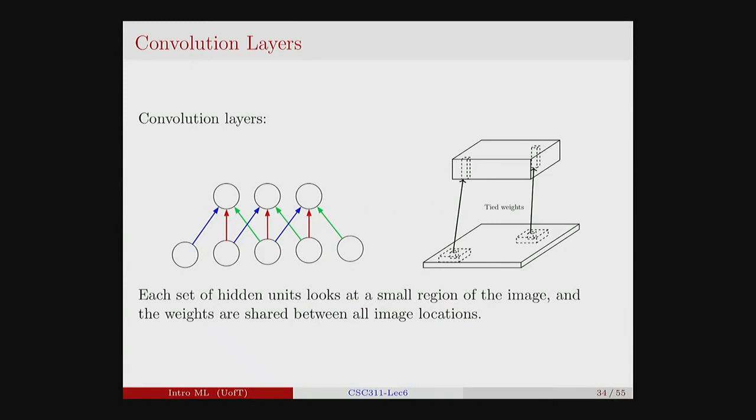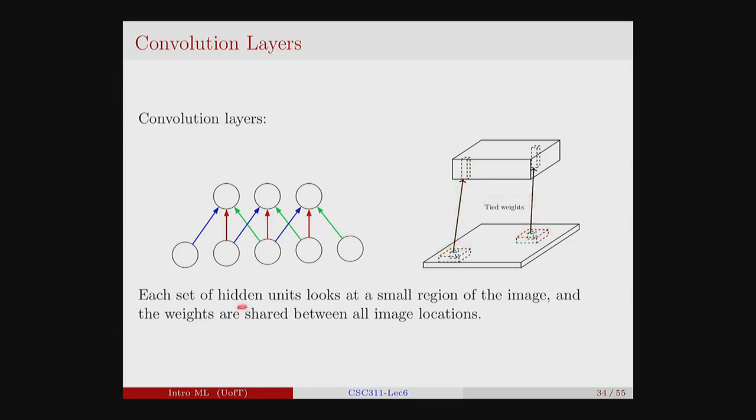And the other property we'd like to have is to share the weights of that operation, which is to say that if I was looking for an object here, and if I was looking for the same object here, I would like the computation for how I compute the output as a function of that input to be shared. So I want to tie the weights of the feature output at this area of the image to be the same as this area of the image.